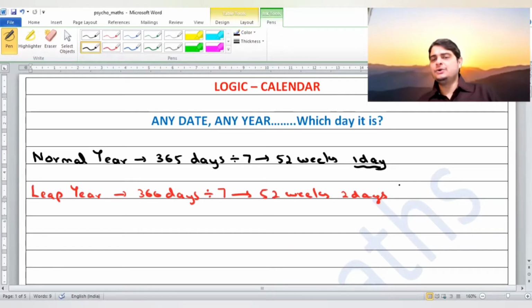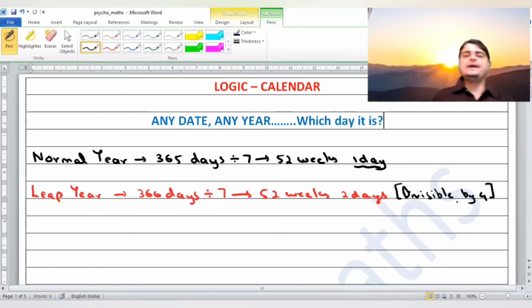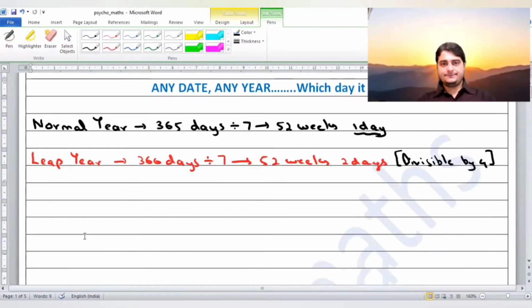All of you know that a year which is divisible by 4 is always a leap year. That is true, but not in all cases. Why and how? This is where the logic of the calendar differs.